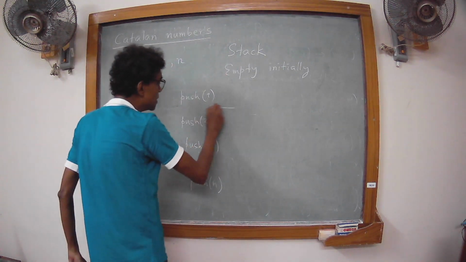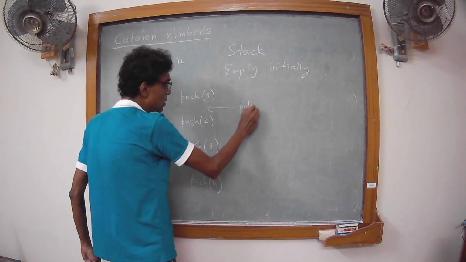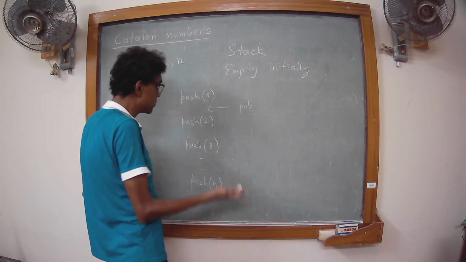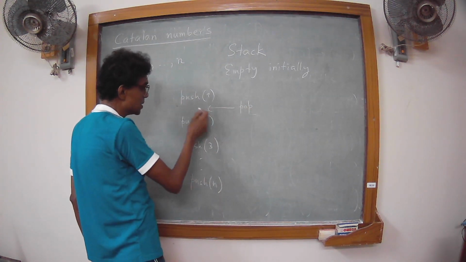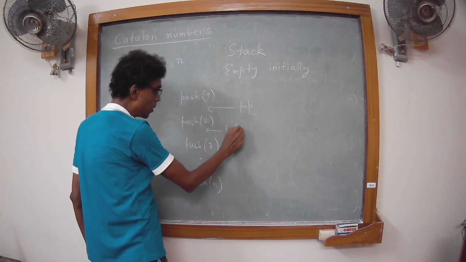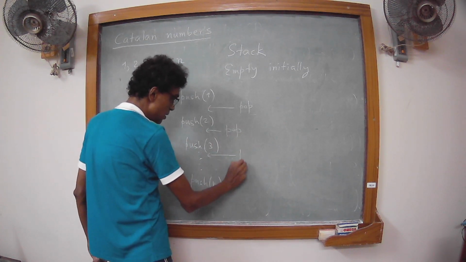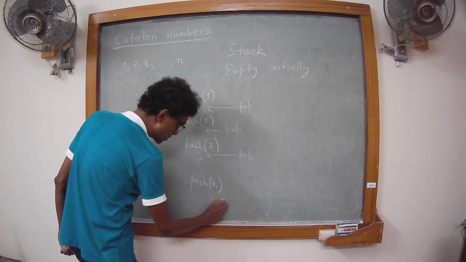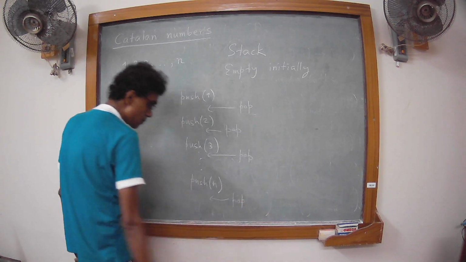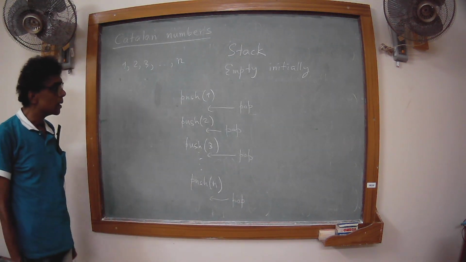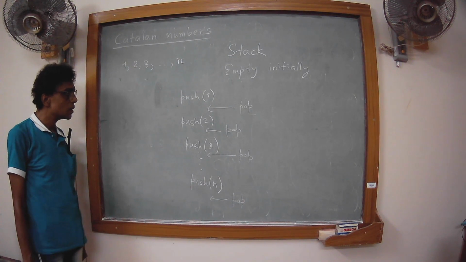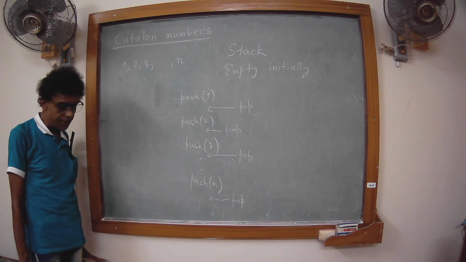So, here you can make a pop. That doesn't mean you have to make a pop. This is a position where you can make a pop. This is another pop position, allowed positions, and so on. Now, there is one restriction.